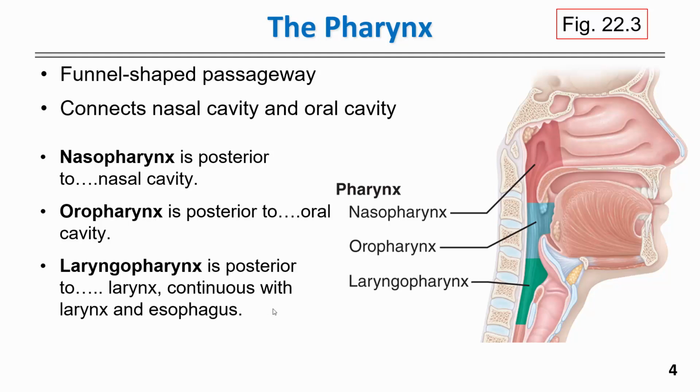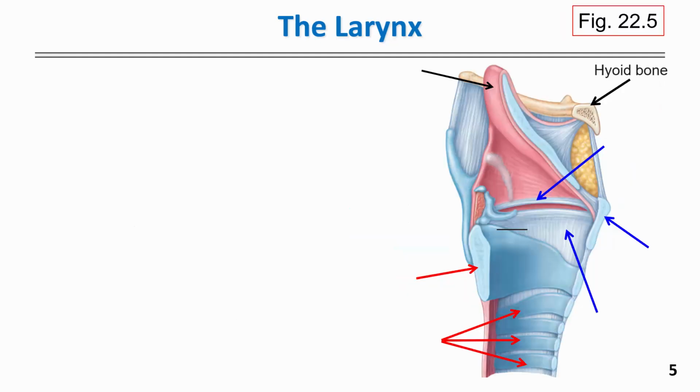And the esophagus is located on the posterior side of the trachea, which is the major passageway of air into the lungs. And so we see once again here the funnel-shaped nasopharynx continuous from the nasal cavity that is continuous with the oropharynx, eventually merging into the laryngopharynx.